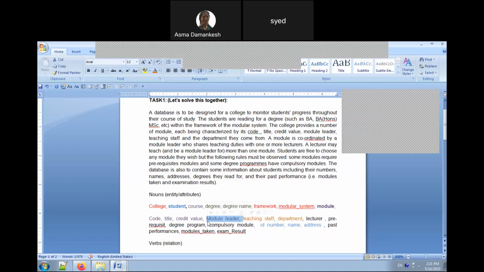Only an entity can be in a relation. Now we say module leader is an attribute, but if I read here, it says module is coordinated, which is a verb, that means it's a relation, by a module leader. So this leader is part of a relation. It has a verb before it. So it cannot be an attribute anymore.